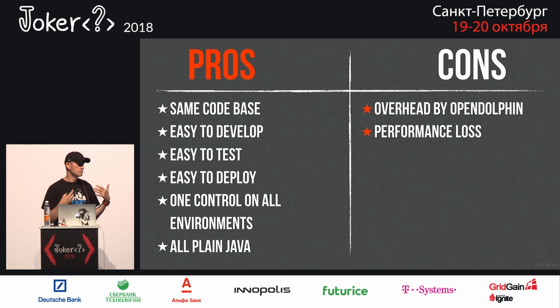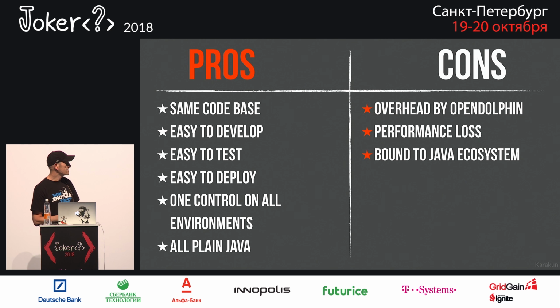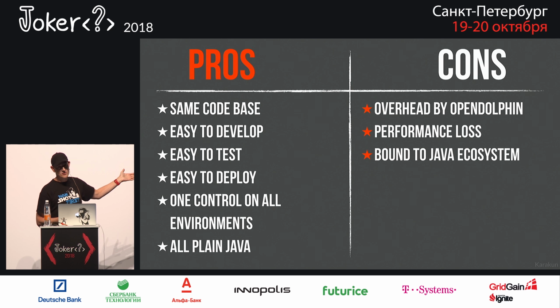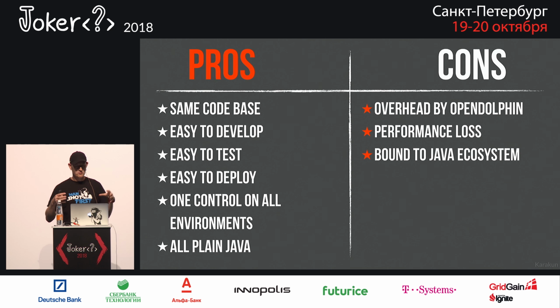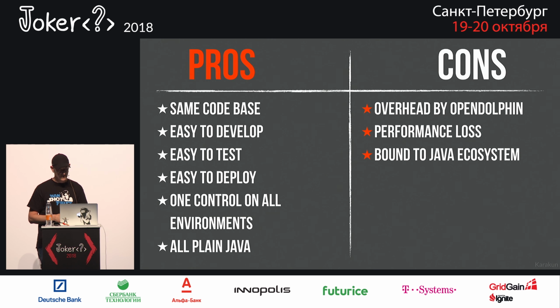It's not really a big one, but it is not needed, so you can get rid of that. And on one side it is an advantage to be on the Java platform, but on the other side, I found we are so bound to the Java ecosystem. And with the second approach that I will show you in a minute, you will get an idea what my idea was when we finished this one.